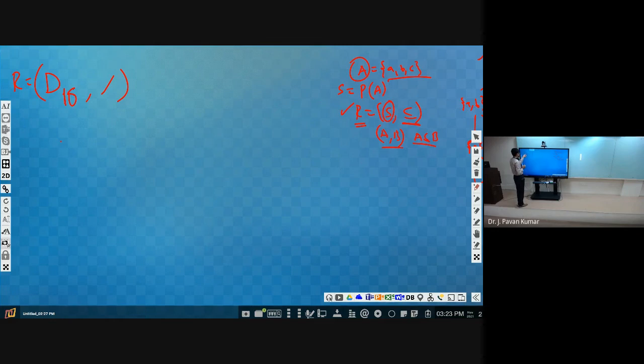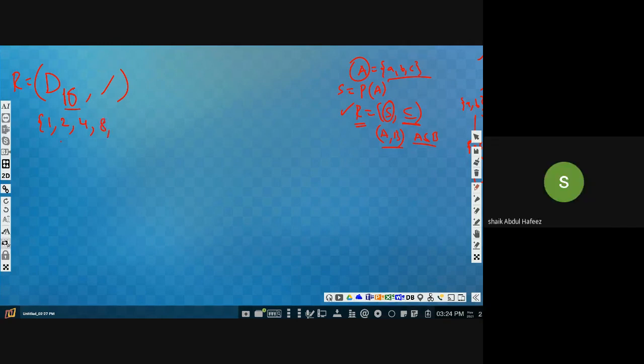The D and the relation itself indicate that it is division. D16 means whatever factors we have for 16, those all will be part of the set. Try to understand: what are the factors of 16? 1, 2, 4, 8, 16. That's it.